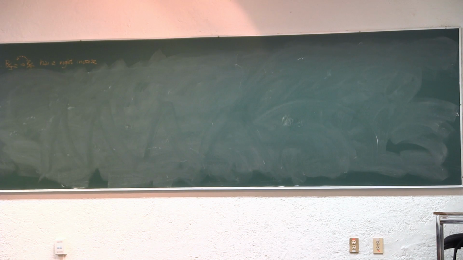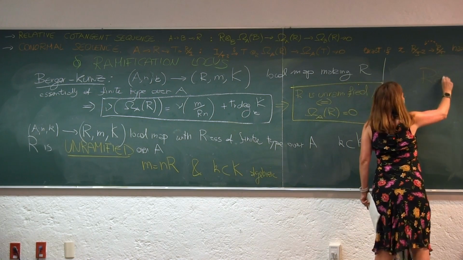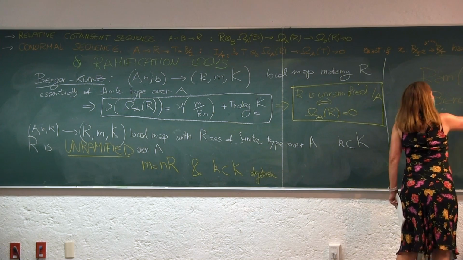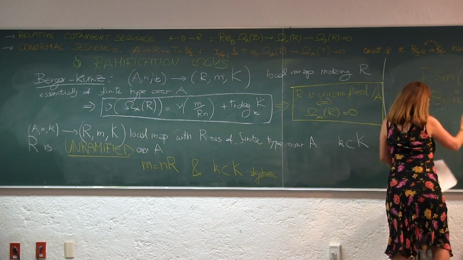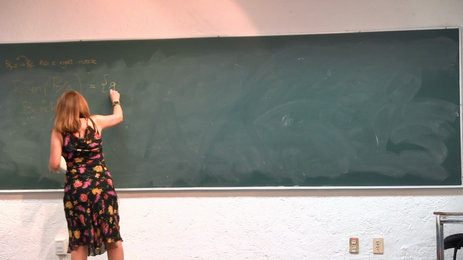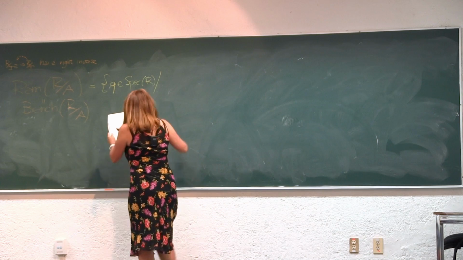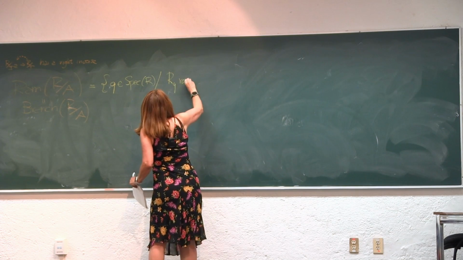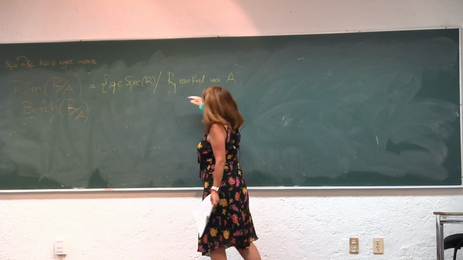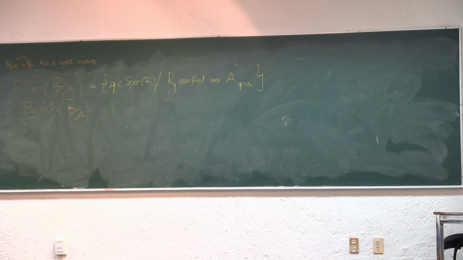So let me define the ramification locus. You can call it two ways. You can call it RAM, like I always call it. And lots of people also call it branch, because it's also the branch locus. So the ramification locus or branch locus is the set of Q in Spec R, so of primes, such that R_Q is ramified over A, and now I cannot localize at Q, but I localize at Q intersect A, the contraction of Q to A, which is obviously prime.